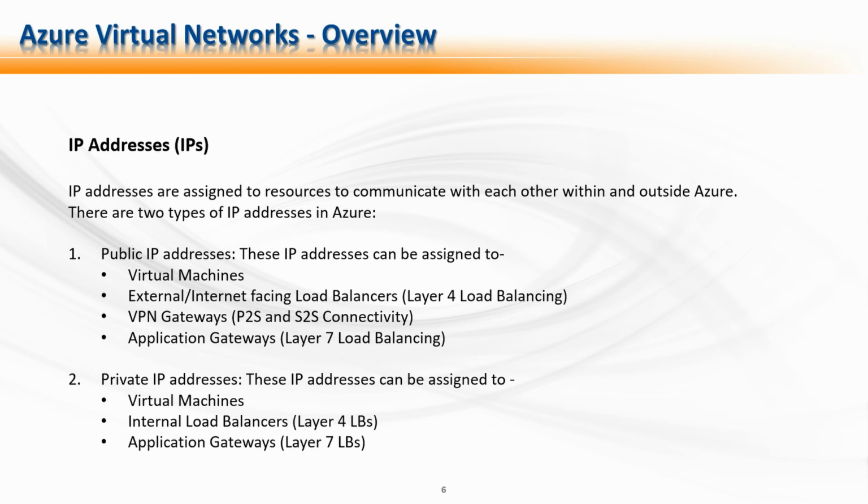Public IP addresses are used for communications over the internet and also with the public-facing Azure services. The public IP addresses can be assigned to virtual machines, to external or internet-facing load balancers, which are layer 4 load balancing, VPN gateways, which are configured for point-to-site and site-to-site connectivity, and application gateways, which are the layer 7 load balancing feature.